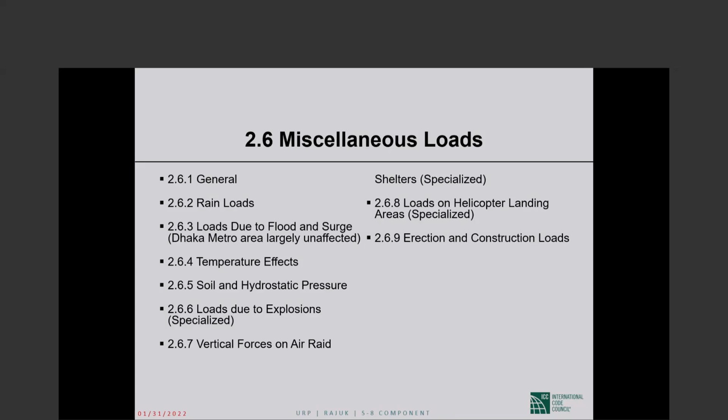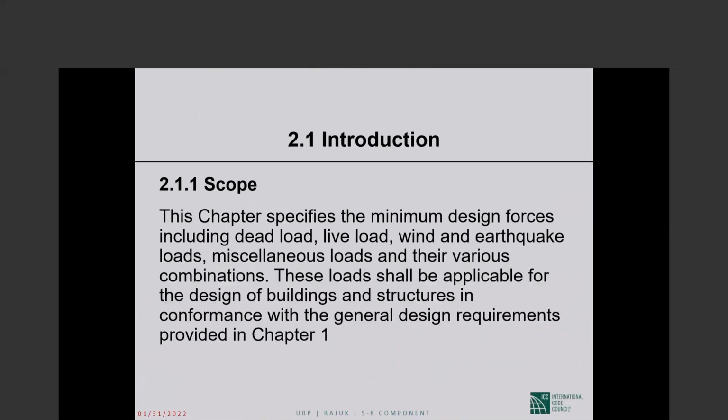And those are typically not covered by building codes. There are other documents, but anyway, BNBC has seen fit to talk about erection and construction loads, not in all the detail that you need, but anyway, that is a topic in the code.